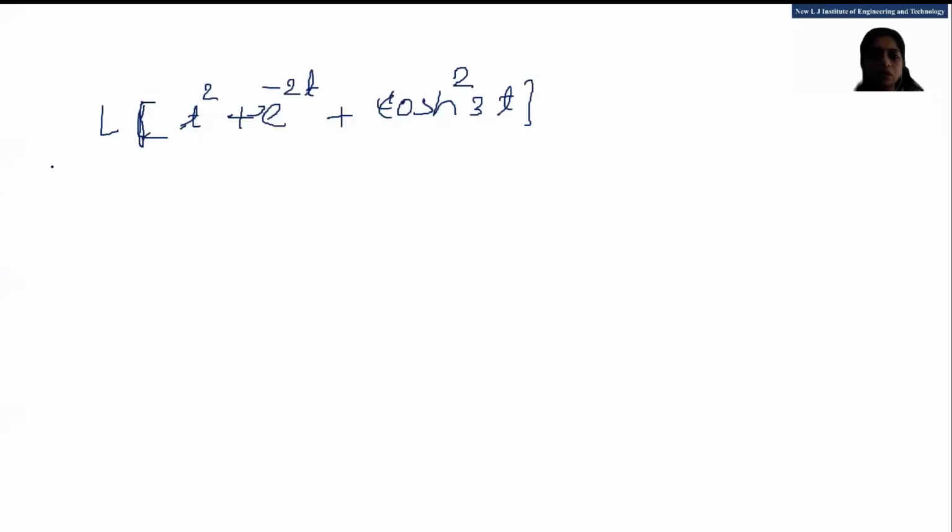So for the first term, students, you all know, if I apply linearity property in this case, then for the first term, yes, good, Mahir. Our answer of the first term is 2 upon s cube. The answer of the second term is 1 upon s plus 2. Now, what about the last term? If I apply linearity property for the Laplace of cos hyperbolic square 3t. Anyone?